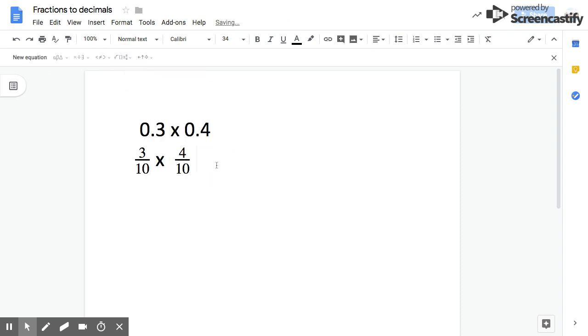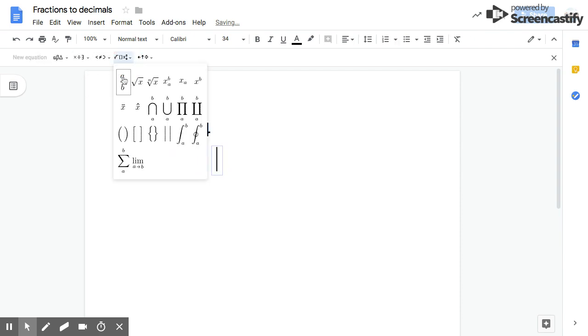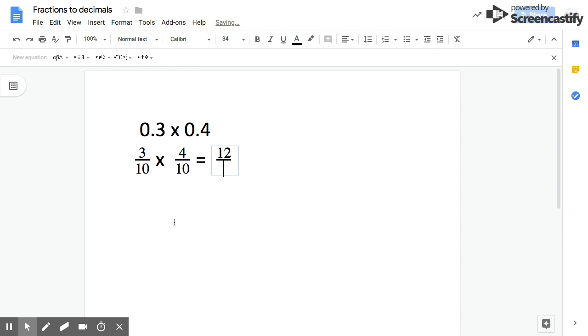And so that would give us a fraction that we would be very comfortable with of 12 over 100. And what that tells us is that when we multiply 3/10 times 4/10, we're going to get 12 hundredths. So it's going to look in that way.